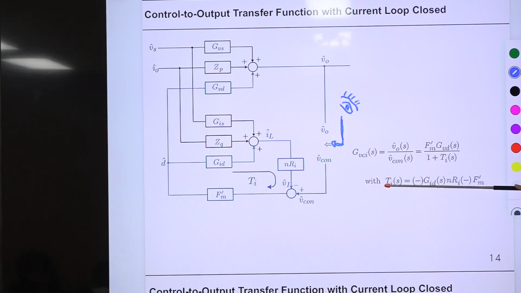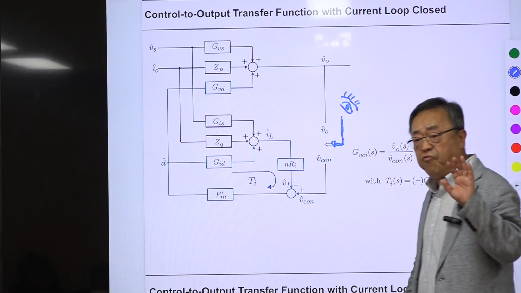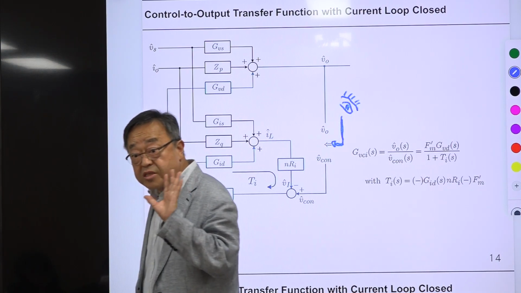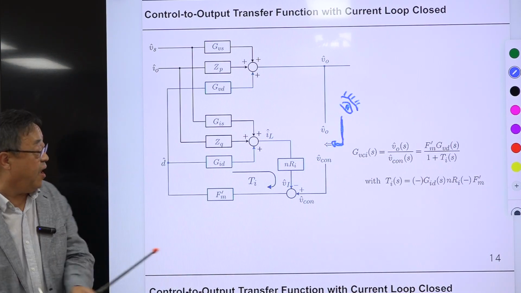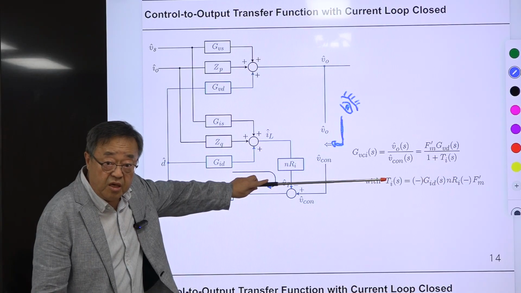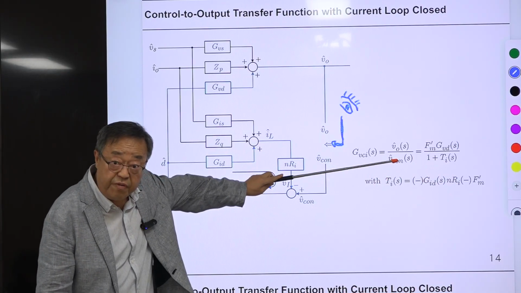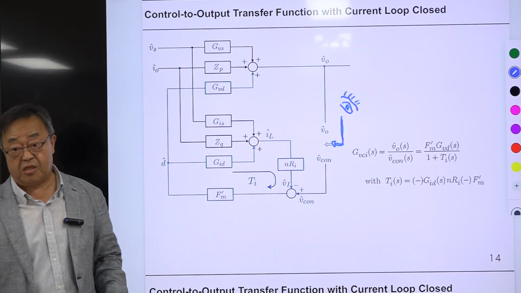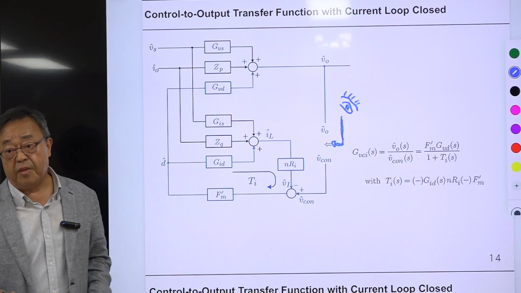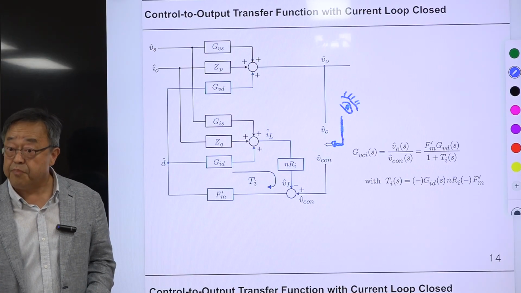So this is the previous current loop. This is the reason why we first designed the current loop. Once the current loop is designed, then you can evaluate this. If you know this transfer function, it's very straightforward to design the voltage feedback compensation properly.